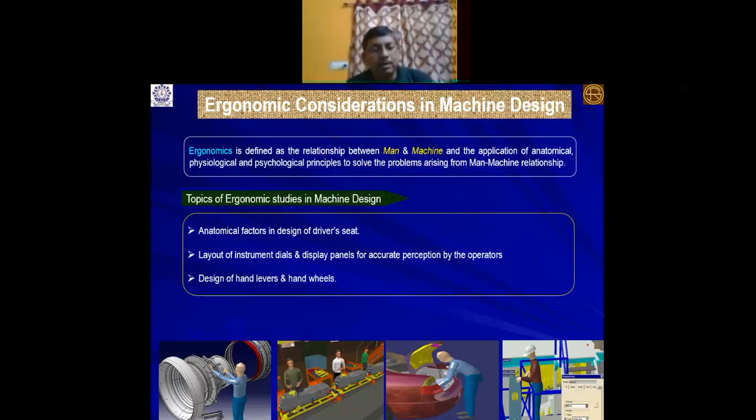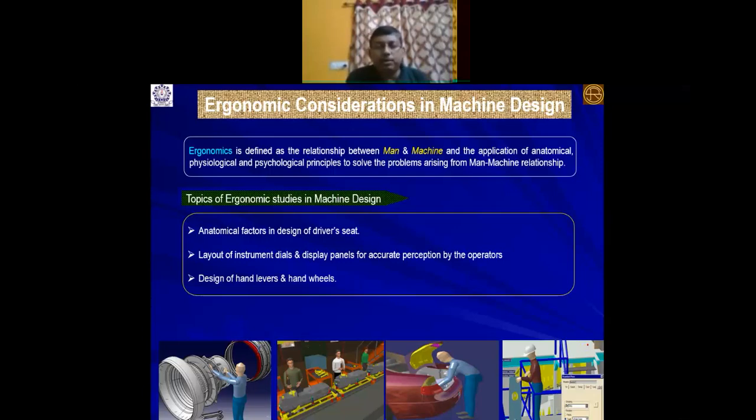You have to do all these things, but if you do it physically, it will be a wastage of money, because a lot of physical products you have to develop, and if it is not satisfactory, you have to make another physical prototype, so it is a wastage of money as well as time. But if you use CAD software, you just see some figures I have shown below. Using CAD software, you can do all this ergonomic analysis.